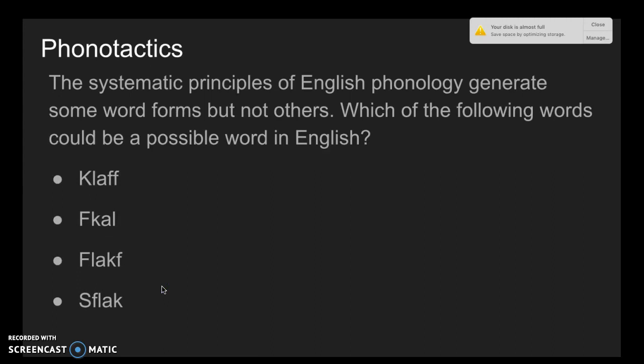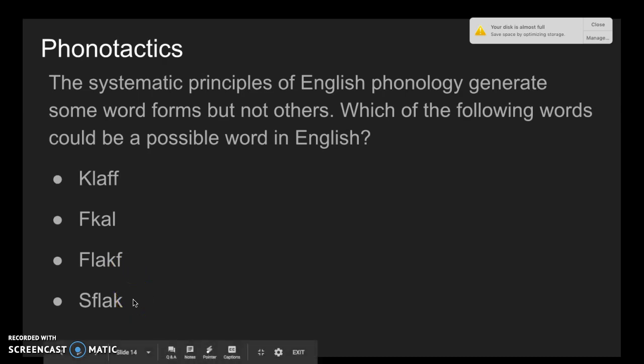If you struggle, no problem, because your mind is adapted to these systematic principles of English phonology. And I'm sure you'll do really well with this quick quiz, right? Which of the following words could be a possible word in English? Claff, fcal, flakf, sflack.